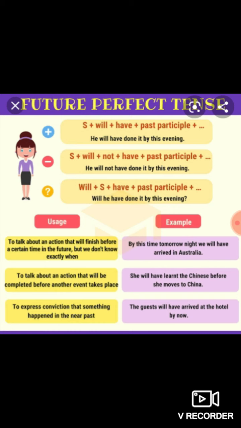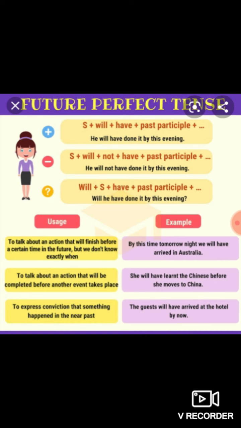In this, as I have stated, one action will be completed, and the action which will be completed is written in future perfect tense before another event takes place, and the other event which takes place after this is written in present indefinite tense. You have to keep this use in mind, students.